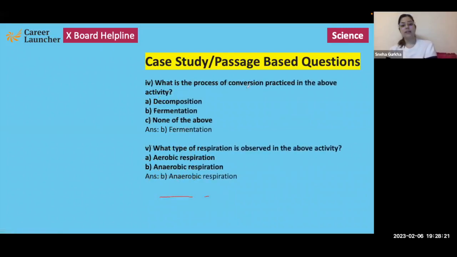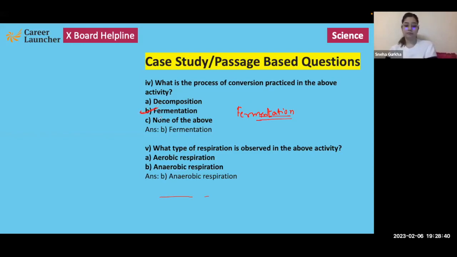Next, what is the process of conversion practiced in the above activity? Fermentation is the process. So our answer will be B, fermentation.